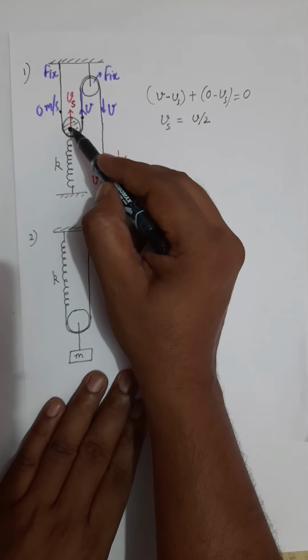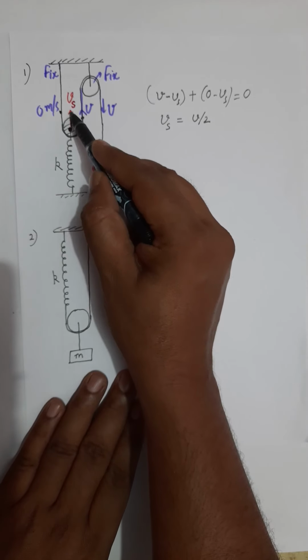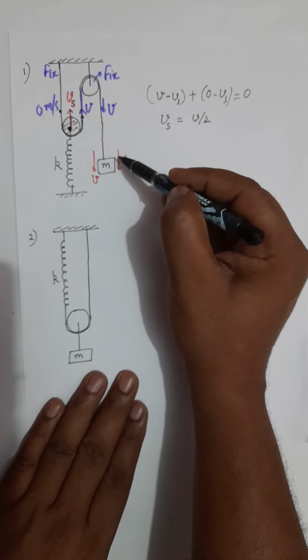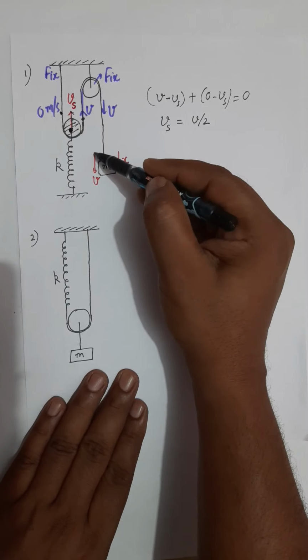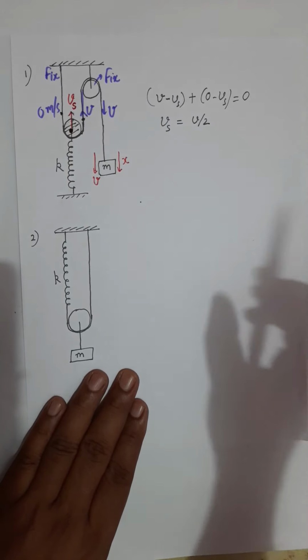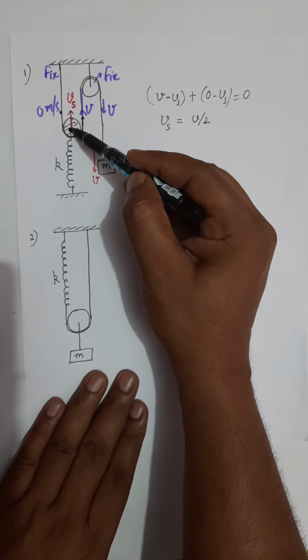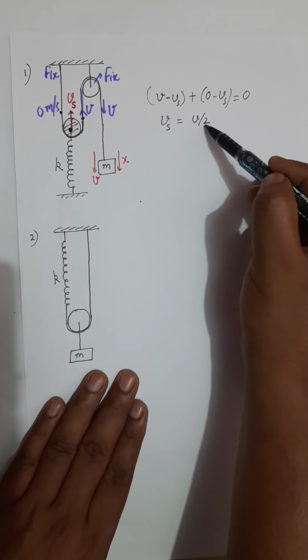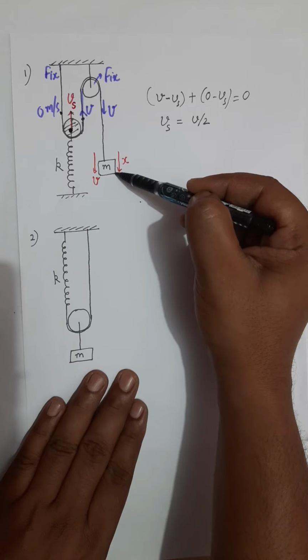So if the spring is moving with velocity half of this block's velocity, notice that spring has a velocity 1 by 2 times the velocity of the block.